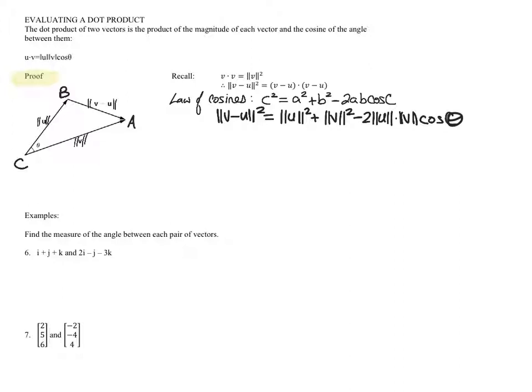So the left-hand side is the key to the whole thing, because what that tells me is that we're looking at V minus U, the magnitude squared. We could think of it as the dot product between V minus U and V minus U. So that's what I'm going to do.